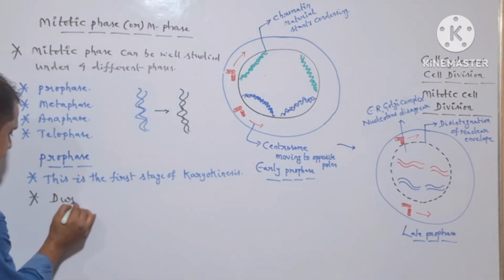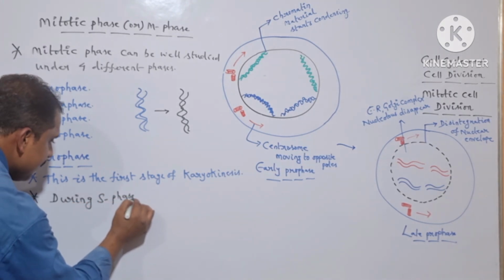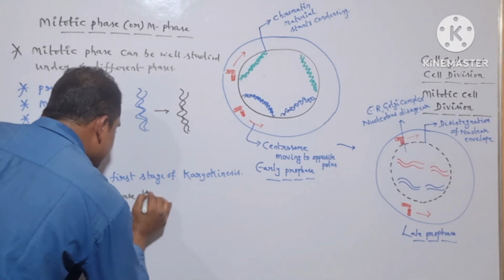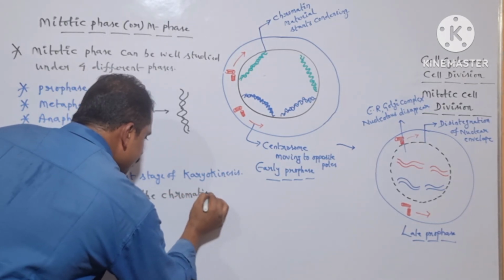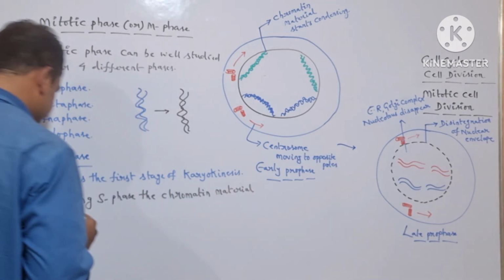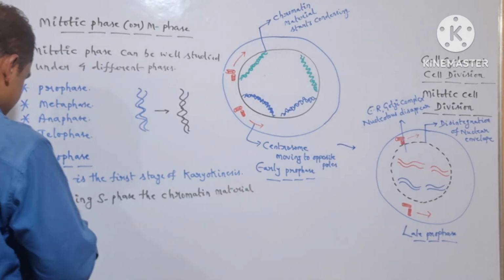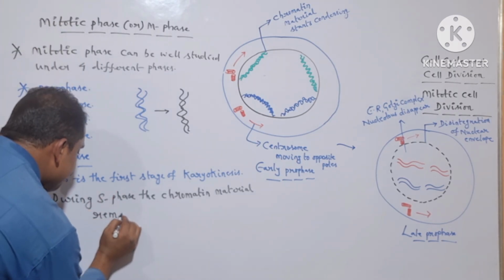During S phase, the chromatin material remains in decondensed form.